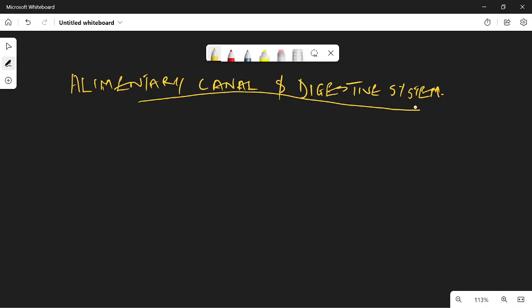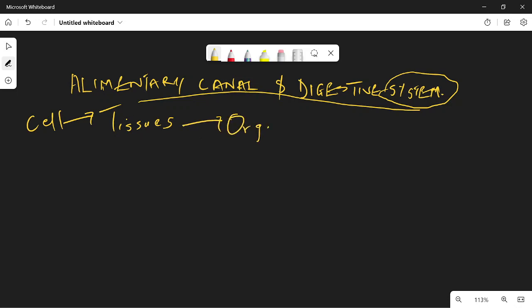Now, let me quickly, this word that we have here at the back of it, called system. I want us to quickly have a review of what it is. What is a system? A system is actually gotten from a particular topic that is called organization of life, and organization of life is talking about cell to tissues to organs and systems.